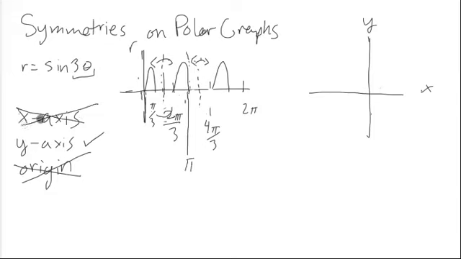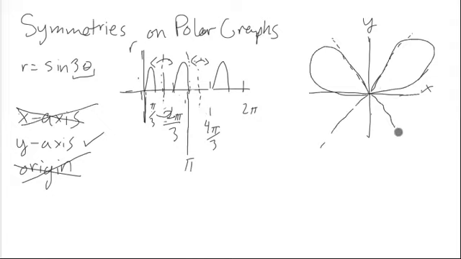And let's see how the graph goes to verify. So from 0 to pi thirds, we have a petal right here. And then we also have a petal from 2 pi thirds to pi. Then we also have a petal from 4 pi thirds to 5 pi thirds, down here.